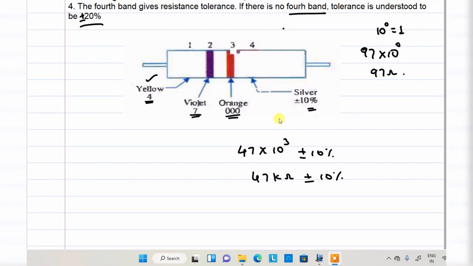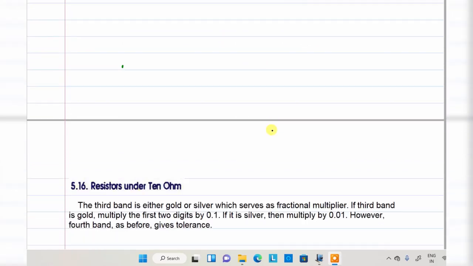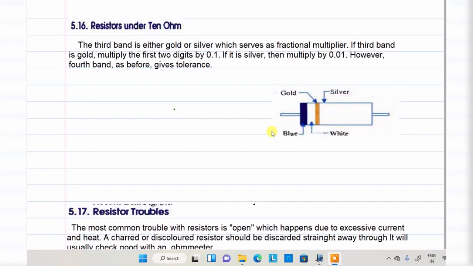So everyone is clear about how the value of resistance is measured, right? Further, we are moving to some more discussion. There are two points. For resistors under 10 ohms, the third band is either gold or silver.